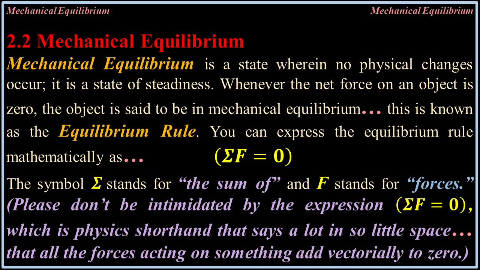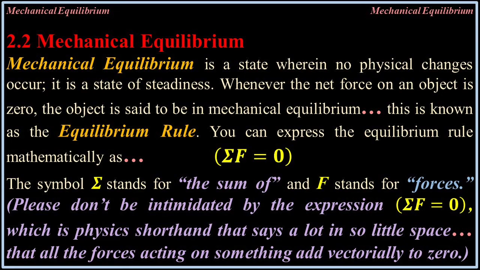2.2 Mechanical Equilibrium. Mechanical equilibrium is a state wherein no physical changes occur. It is a state of steadiness. Whenever the net force on an object is zero, the object is said to be in mechanical equilibrium. This is known as the equilibrium rule. You can express the equilibrium rule mathematically as sigma F equals zero.